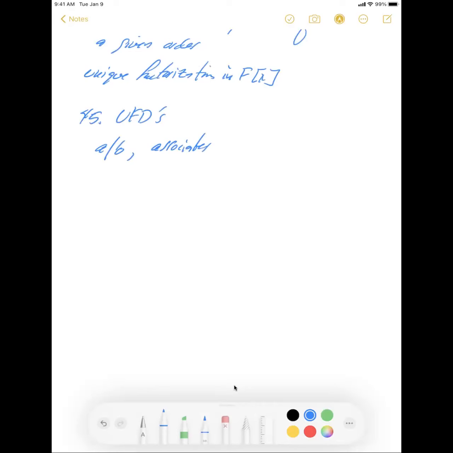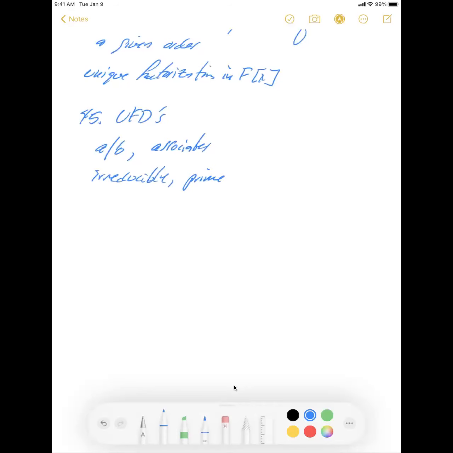We define irreducibles and prime. Here we define the more general concept of irreducible and prime elements in an integral domain.